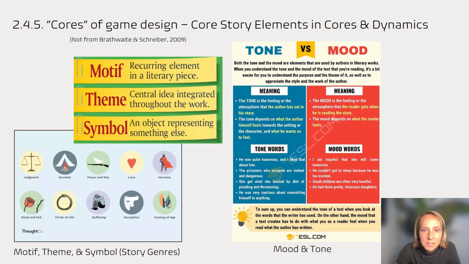So one is top down, prescribed by a designer, and the mood is what the player gets, and that builds on the aesthetics that we talk about, and how a player feels. So the mood is the emotional and experiential feel of the game resulting from that tone, and a motif is the setting or the universe that a game's story belongs to.